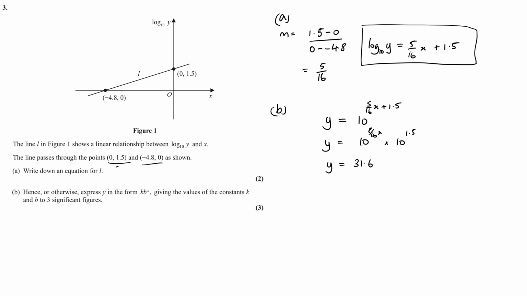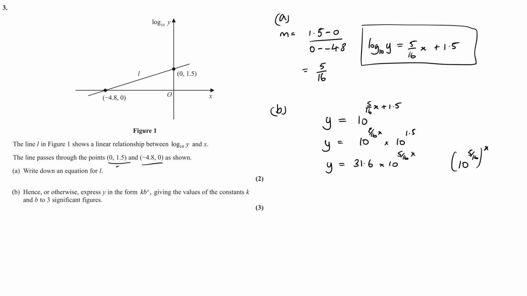Now, initially I want to be writing times 10 to the 5 over 16th x. But obviously when we look back at our original form, b is to the power x. So we need to do something here so we've only got an x as our power. Now what I can do, and I'll do this just on the side here, is when I have something raised to a power and then to another power like so, I multiply the two powers, don't I?